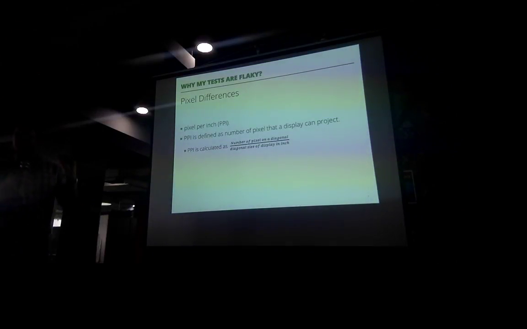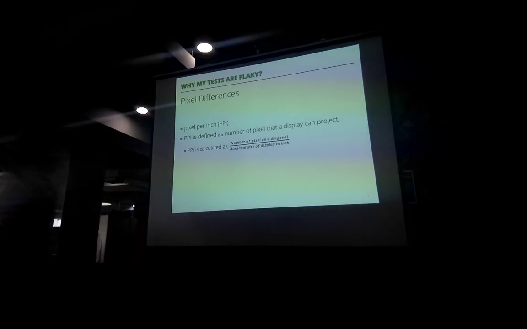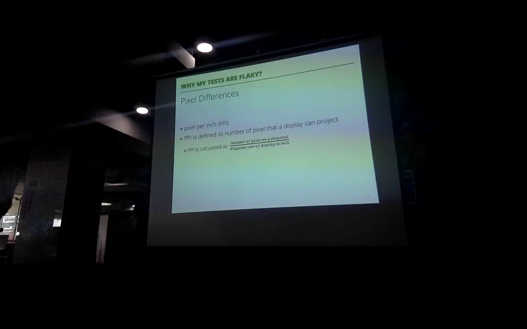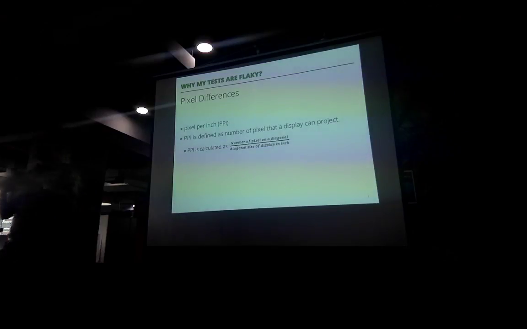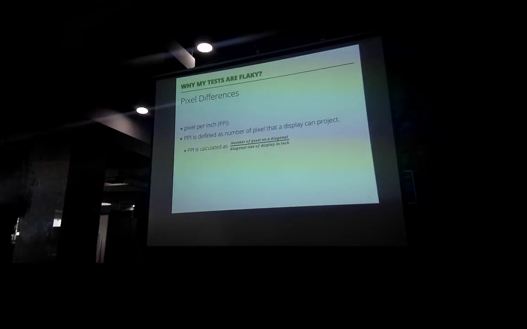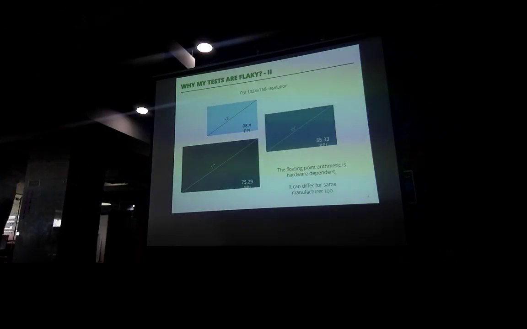Mathematically, you can find the pixels per inch with a formula. It's basically the width and height of my display, my resolution, let's say 1224 by 768, divided by the size of my display, which gives me the pixels per inch. So, okay, mathematically good, but then where is the failure?